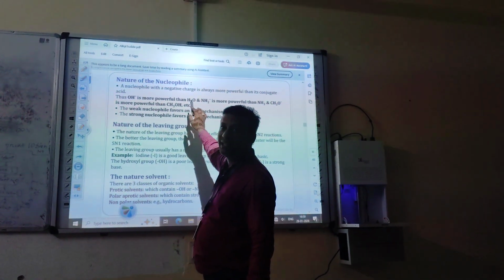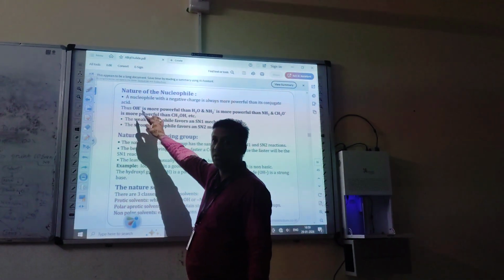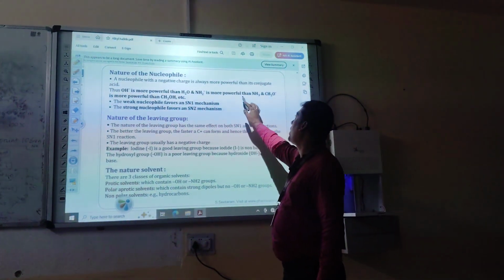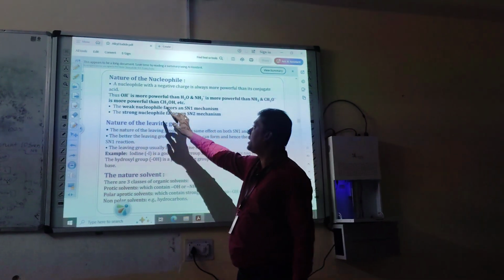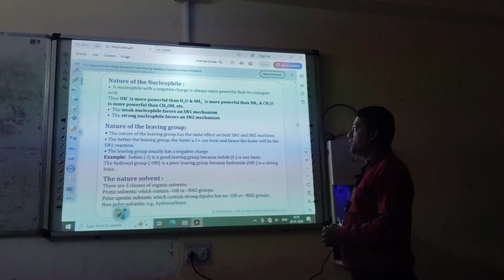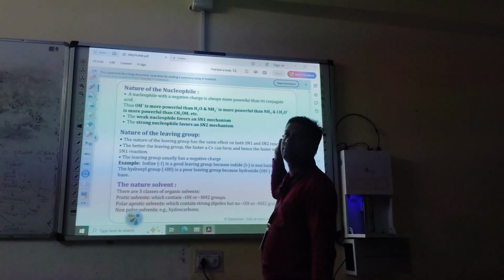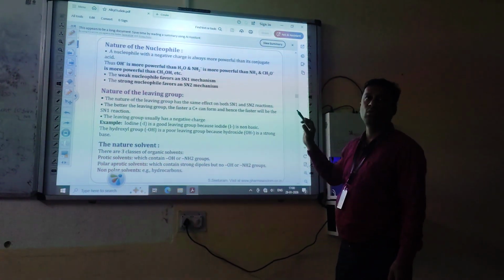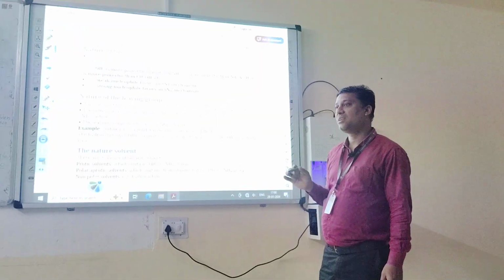Water is a very weak acid, and its conjugate base OH minus is very strong. Likewise, NH2 minus is more powerful than NH3, and CH3O minus is more powerful than CH3OH, etc. The weak nucleophile favors SN1 mechanism, and the strong nucleophile favors SN2 mechanism. You have to remember the weak nucleophile. What is a weak nucleophile?